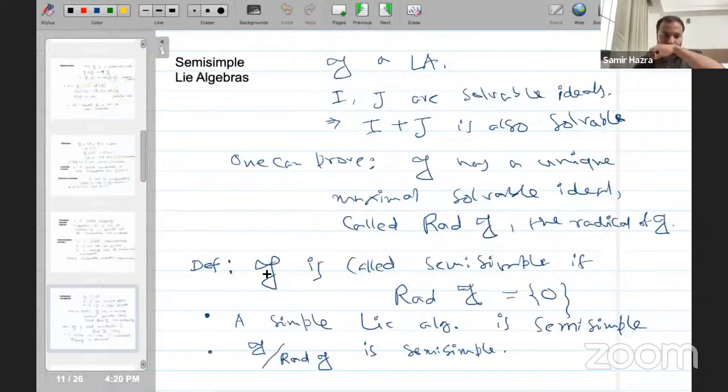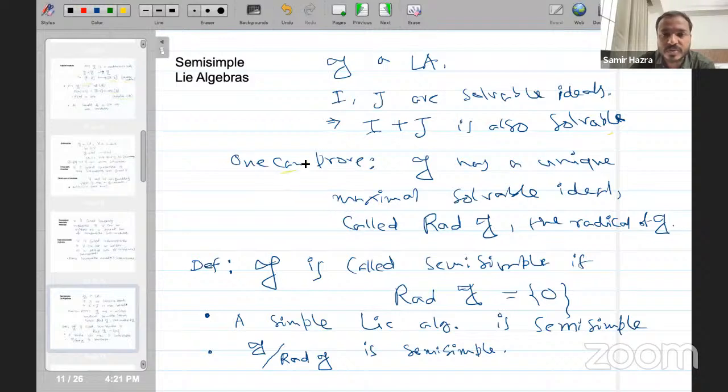Now we are in the main part of this theory: semisimple Lie algebras. Suppose G is a Lie algebra, and we have ideals I and J of G. If they are solvable ideals, which means I and J in themselves are solvable Lie algebras, then I plus J can also be seen to be solvable. One can prove this.